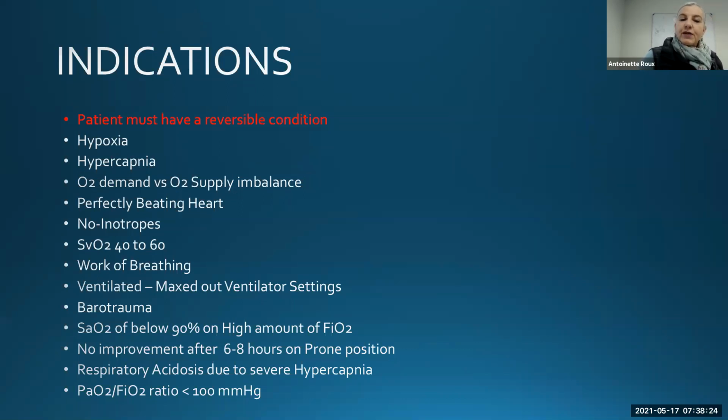And you're also going to look at your PF ratio. If your PF ratio is less than 100 millimeters of mercury, then you can put your patient on ECMO. And if they are fitting the criteria for those two scores that I've talked about, then you can put them on ECMO because then they'll have a probable outcome on ECMO. And yeah, that's it.